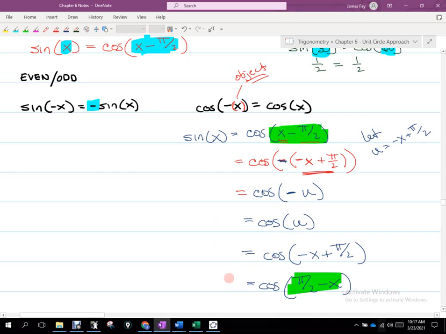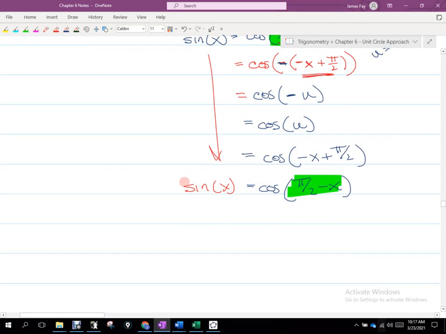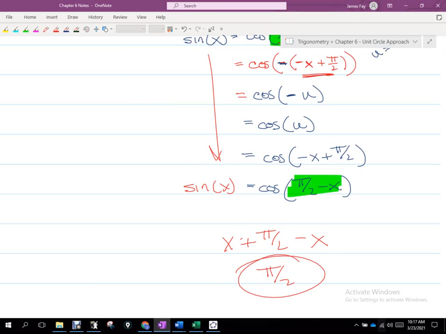Now, okay, so if I bring my sine of x down here, now take these arguments. What's x plus pi over 2 minus x? Is it pi over 2? The x's cancel, right?